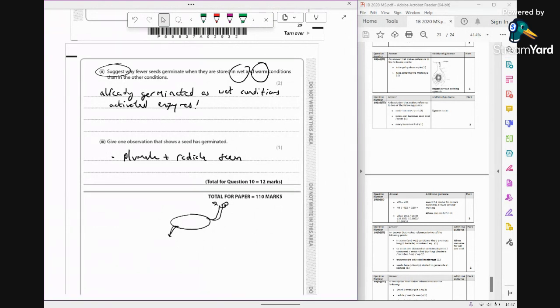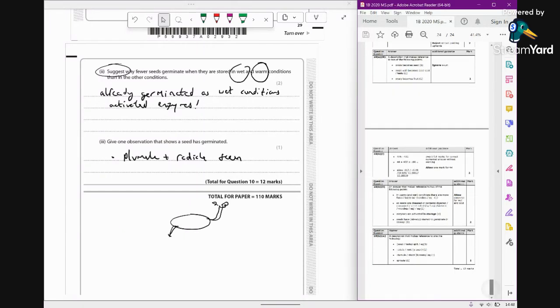Suggest why fewer seeds germinate. This was interesting. In wet conditions, there are more bacteria. Ooh, I don't like that. Have I lost a mark? So seeds are diseased. Ooh, no. Enzymes are activated in storage. And you have to say in storage by the look of it. Oh, I've lost a mark. Seeds have already germinated in storage. Right.